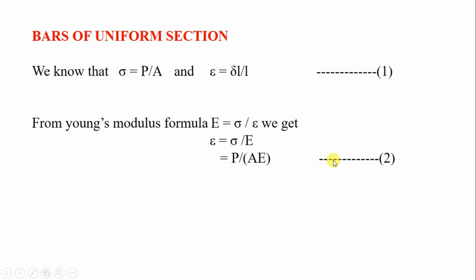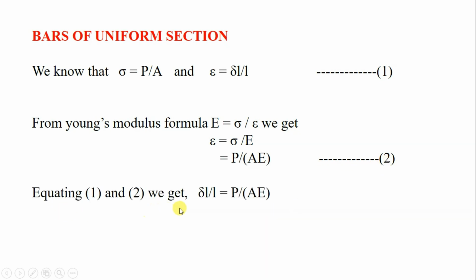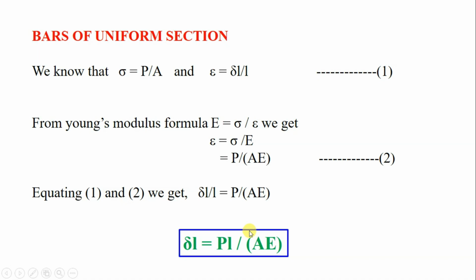Let us denote this equation as 2. Now equating 1 and 2, we get delta L by L is equal to P by AE. When you cross multiply this, we get the value of delta L is equal to PL by AE.